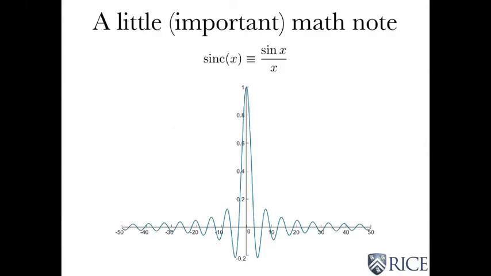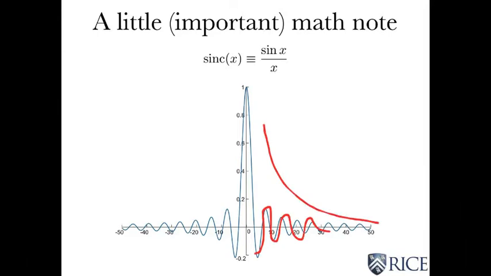And here's the plot of a sinc function. Very important for us. It turns out it's going to reoccur in this course a lot. The reason it's going through 0, of course, is because of the sine. Its amplitude is dying like 1 over x.